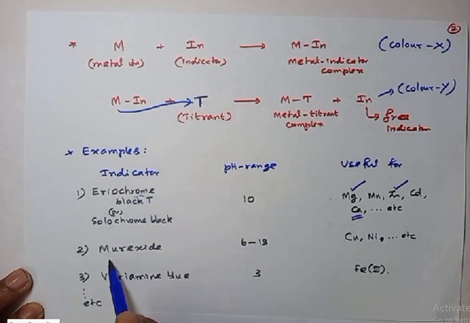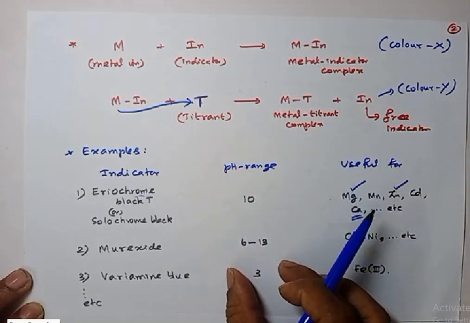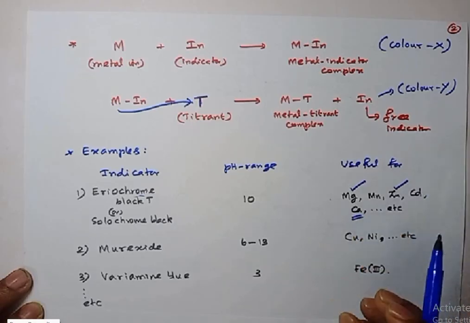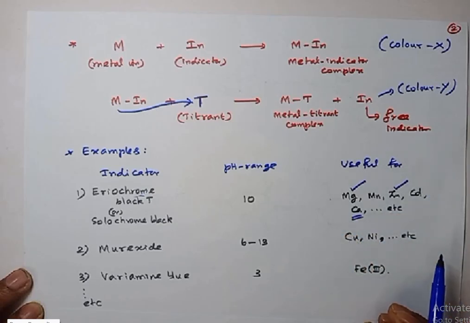The second example, murexide, M-U-R-E-X-I-D-E. The pH range for murexide is 6 to 13. And what are the metals we determine? Copper, nickel. We determine the amount of copper or nickel present in the solution, where we use murexide as the indicator.